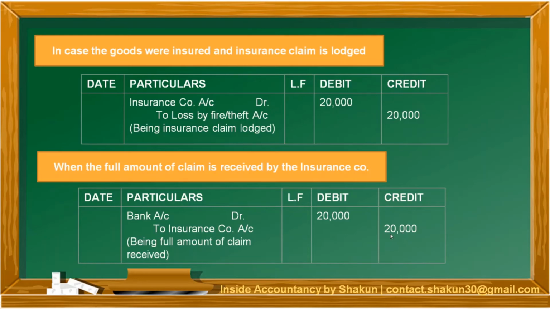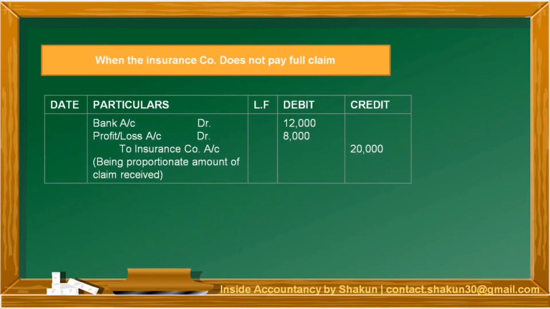There may be another case, when the insurance company does not pay the full claim. Suppose we have a loss of 20,000 and the insurance company was supposed to pay us 20,000, the amount for which we had lodged the claim. But out of that, the insurance company paid us only 12,000. So bank will be debited with 12,000, the amount of claim received.